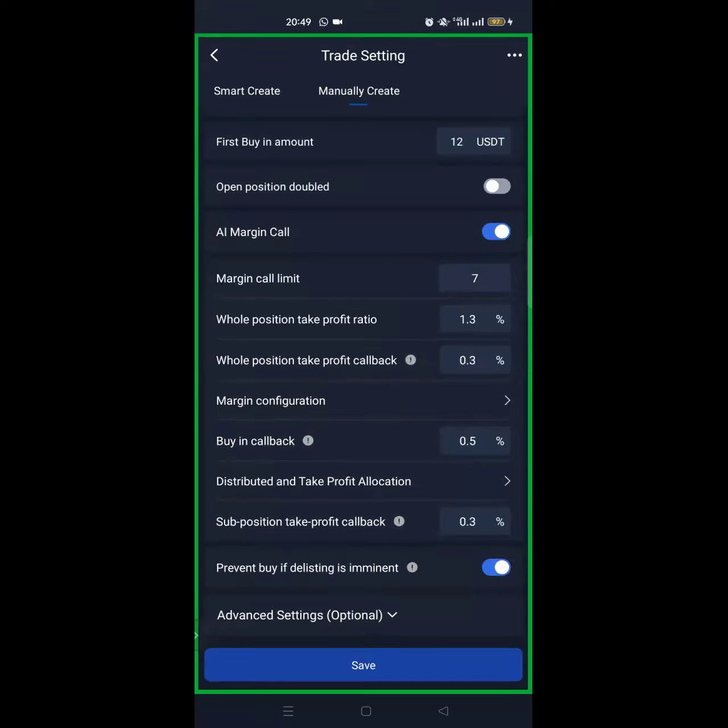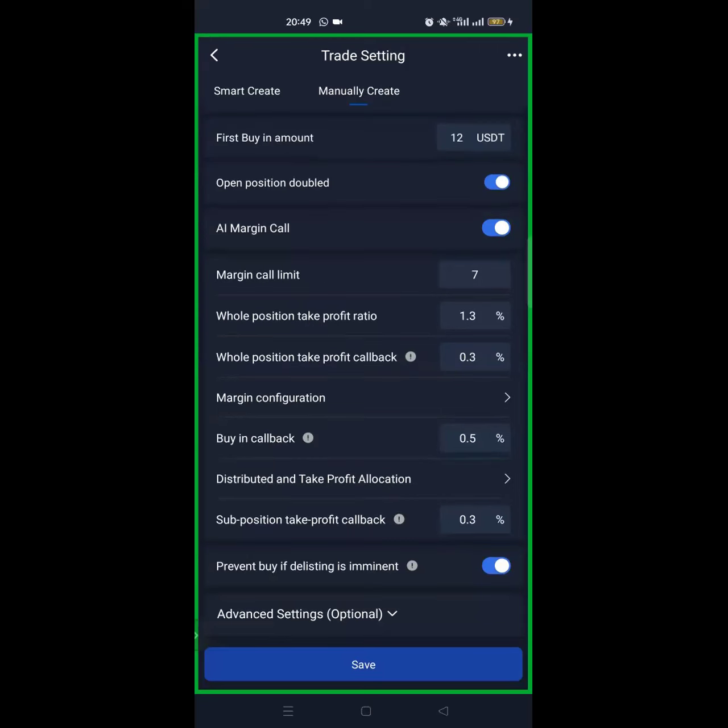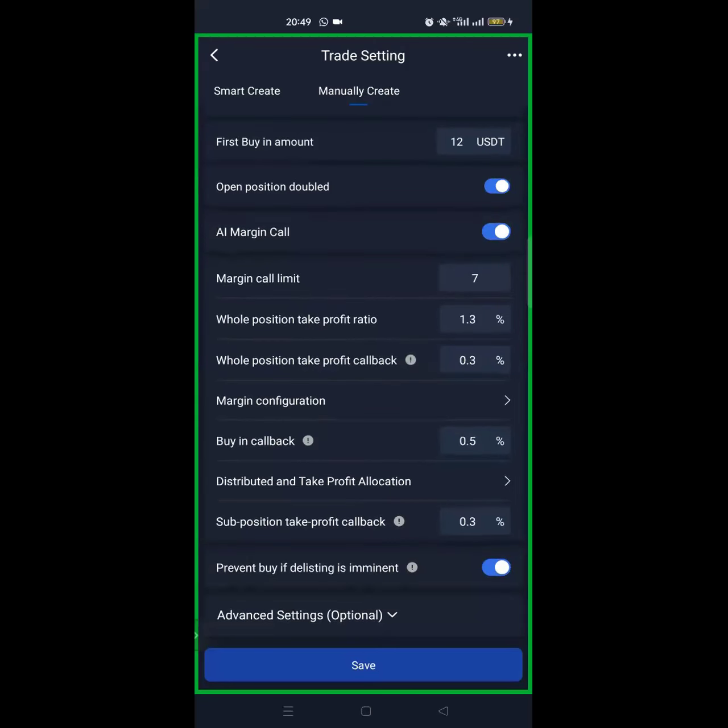So if you put it on and you start the trade, in my own case, my first buy is $12. If I open my position doubled and I start the trade, it's going to buy $12 two times. It's going to double it, and that's going to be buying $24 because 12 times 2 is 24.